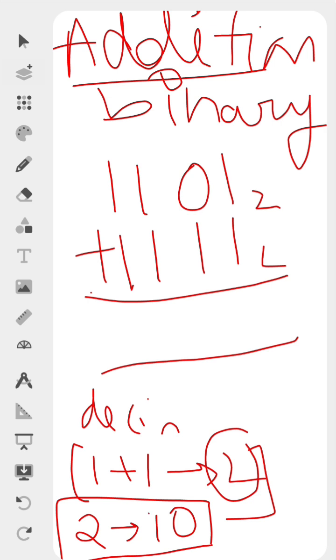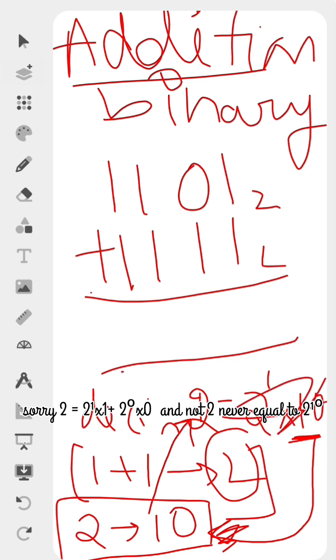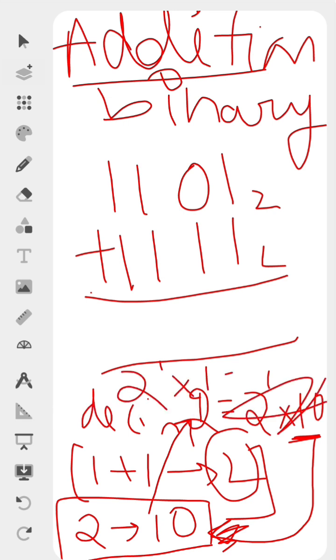Because 2 can be written as 2 to the power 1 into 1 plus 2 to the power 0 into 0. So this is how the 10 is coming.